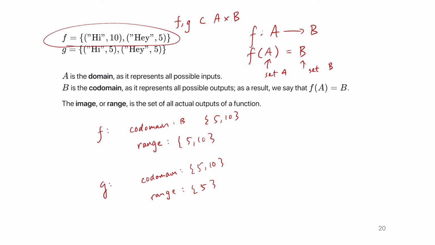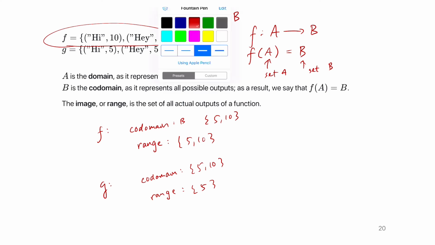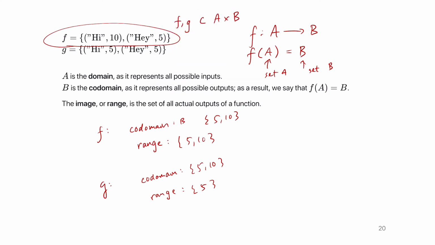Is that okay? Another nice picture that people like to draw when defining functions, and this will be useful when we start talking about other types of functions, is this dot diagram. Where the left side represents the domain, right side represents the codomain.